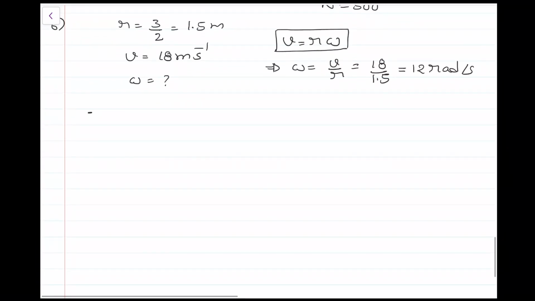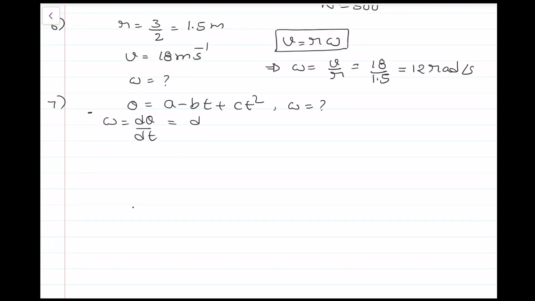Next, problem number 7. If the angular displacement of a particle is given by theta is equal to a minus bt plus ct square, then find its angular velocity. This is the instantaneous angular velocity, so omega equals d theta by dt.